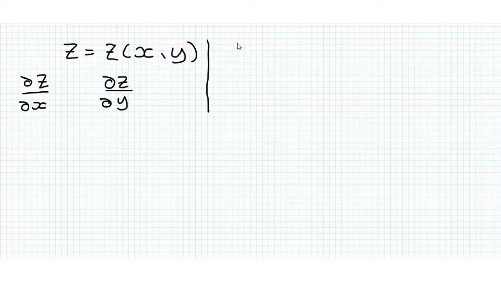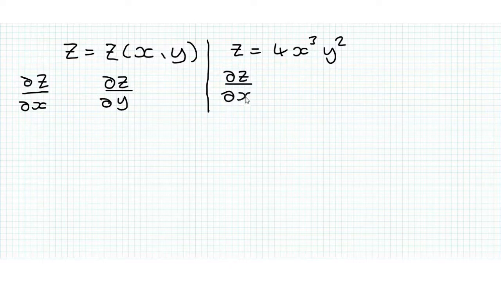So say we take z is equal to 4x cubed y squared, partial dz by partial dx.